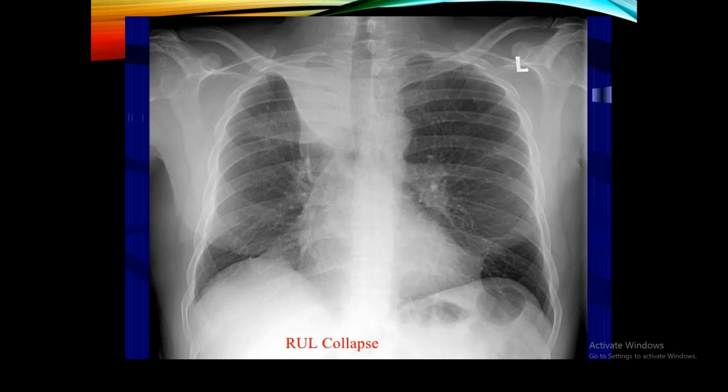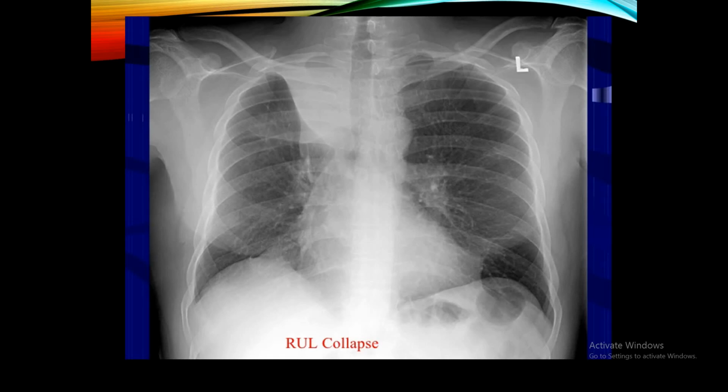In this chest X-ray, we are dealing with an opacity in the right upper lung zone. This opacity is limited by a line which is directed upward. This line represents the horizontal fissure, but an elevated horizontal fissure.